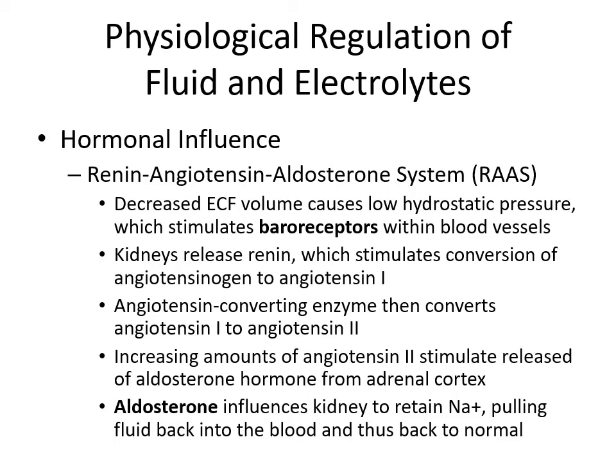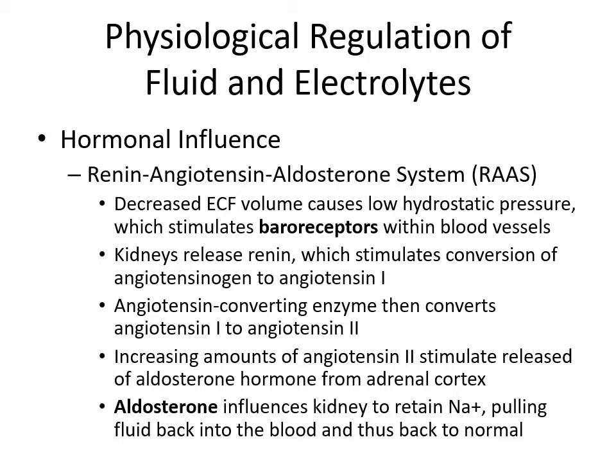So when we're talking about hormonal influence, we're looking at the renin-angiotensin-aldosterone system. In this system, decreased extracellular fluid volume causes low hydrostatic pressure, which stimulates baroreceptors, or pressure receptors, within the blood vessels. The kidneys release renin, which stimulates the conversion of angiotensinogen, which is a precursor, to angiotensin I. Angiotensin converting enzyme converts angiotensin I to angiotensin II.